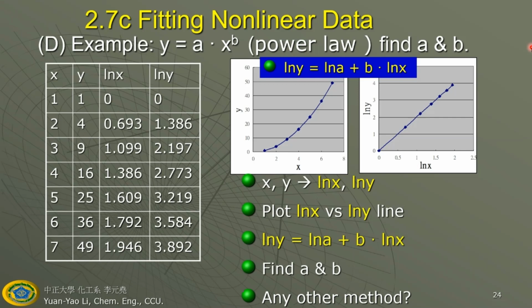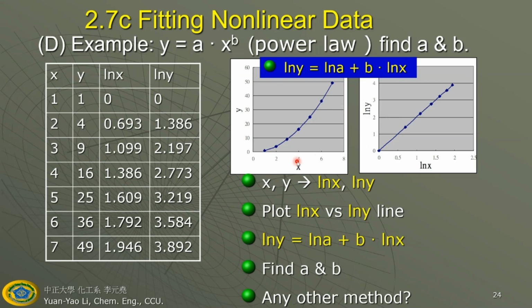Here I want to ask, is there any other important method to find a and b, or is this the only way? Be honest, if I give you data like this and I didn't tell you x and y follow the power law, can you intuitively guess this is a power law?